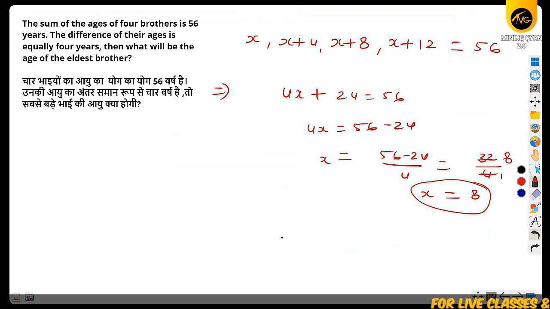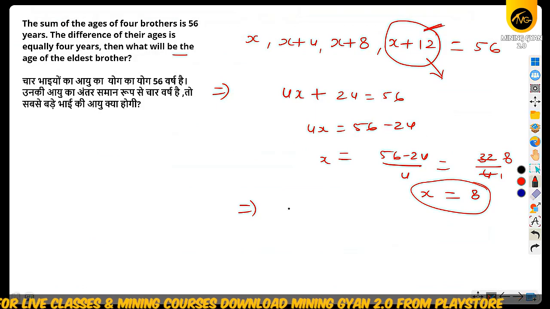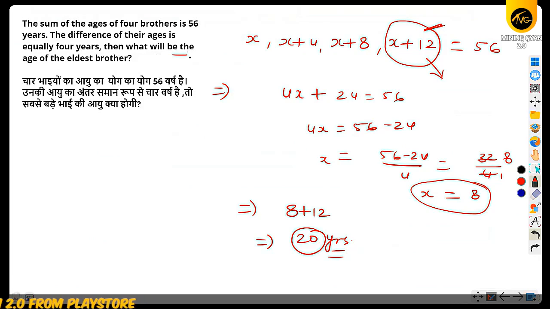So the age of the youngest brother is 8 years. Now what will be the age of the eldest brother? x plus 12 is the age of the eldest brother, so you can put the value of x in this expression, that will be 8 plus 12. It means 20 years is the age of the eldest brother.